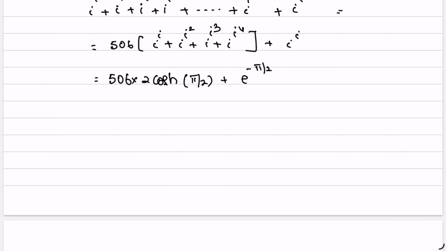Are you able to follow? Then the sum will be 1012 cos hyperbolic pi by 2 plus e to the power of minus pi by 2. This is the answer.